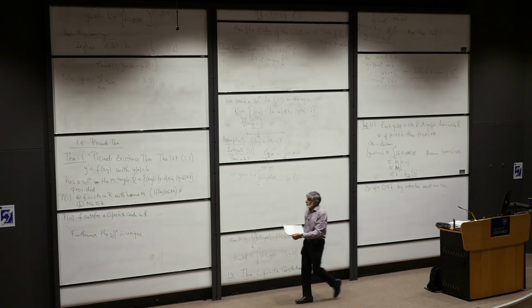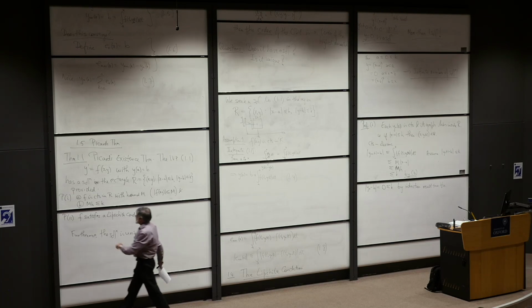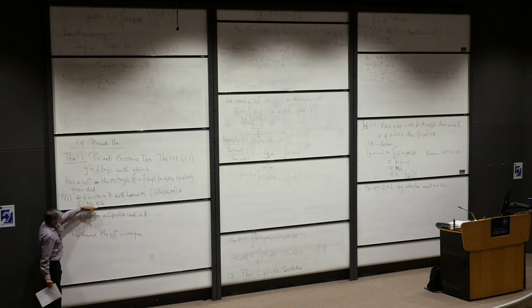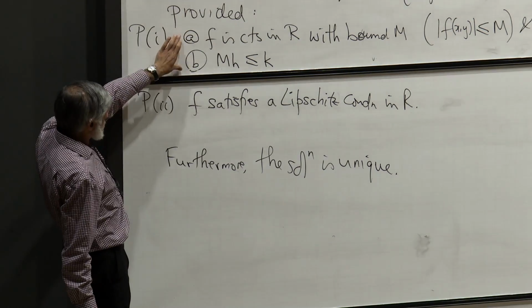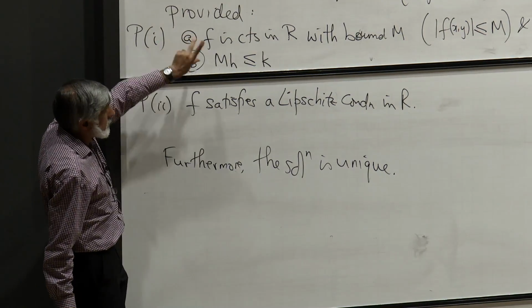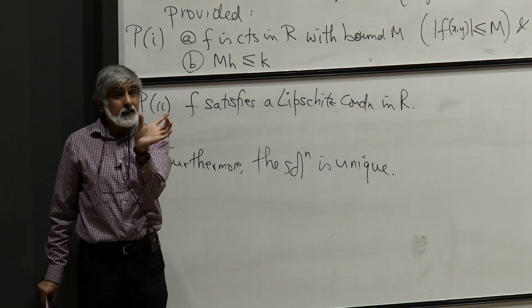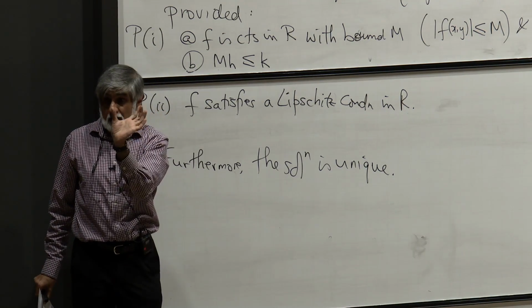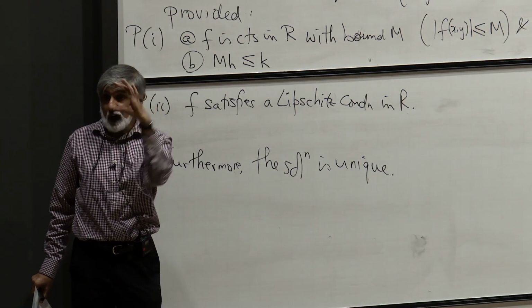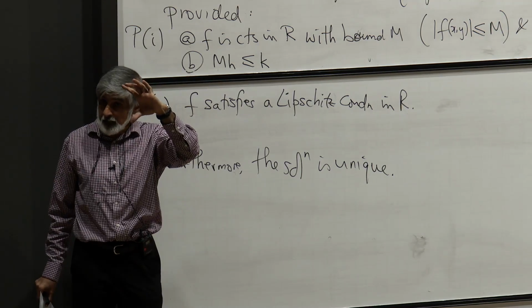Okay, so what we've done then is we've shown that if these conditions are satisfied, then the iterates of y lie inside the region where y minus b is less than or equal to k.